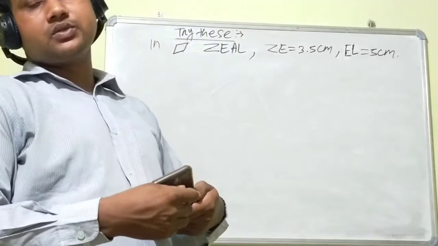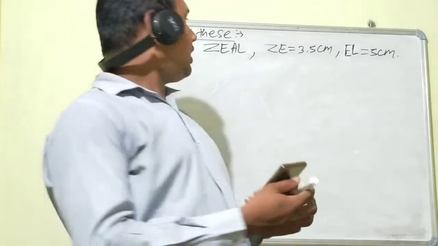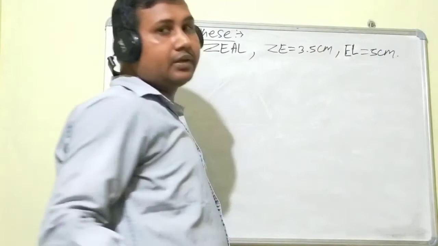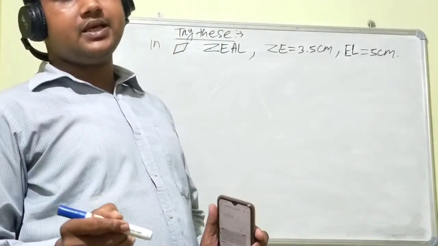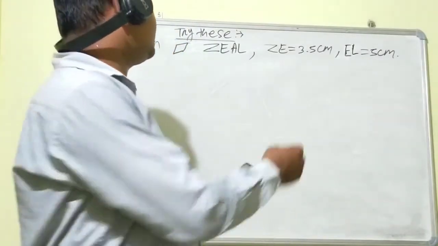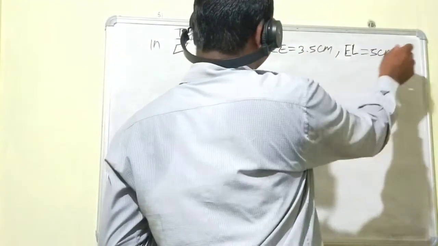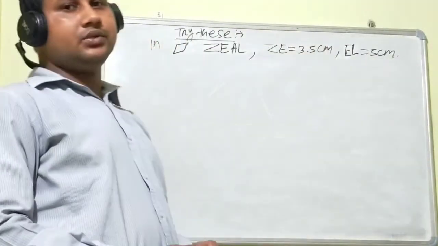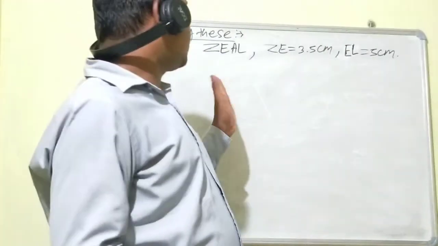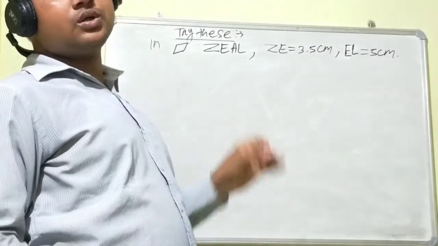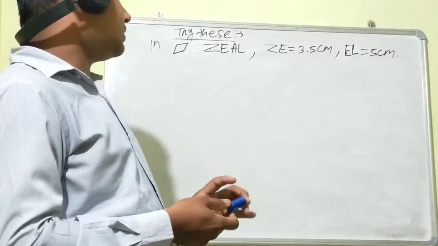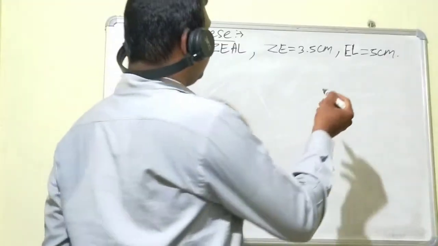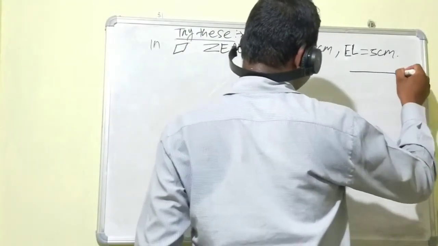Here only two data are given, but the first process requires 4 sides and 1 diagonal. Here only one side and one diagonal value are given. So this is also a special property. You know, a rhombus means a parallelogram whose all sides are equal in measure. So in a rhombus all sides are equal. So we'll represent a diagram.